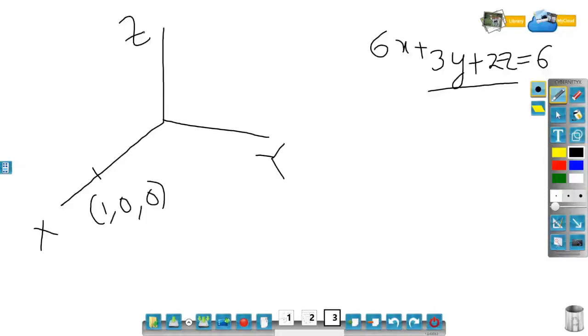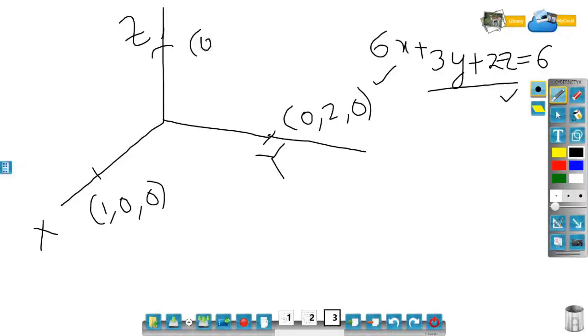If I take x and z as 0, then I will get 3y equal to 6, that means y equal to 2. So 0 comma 2 comma 0 is again a point. Now third point, if x is equal to 0, y equal to 0, then z is equal to 3. So somewhere here 0, 0, 3. If I join these 3 points, then I'll get the tetrahedron.